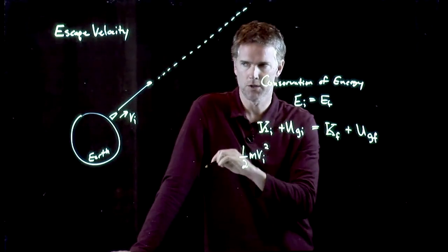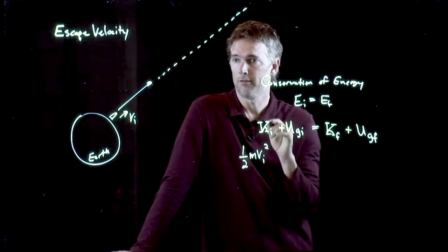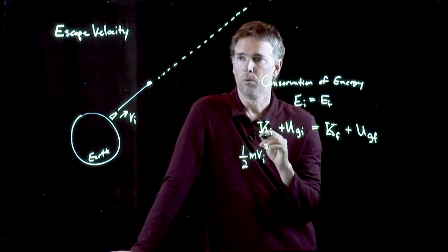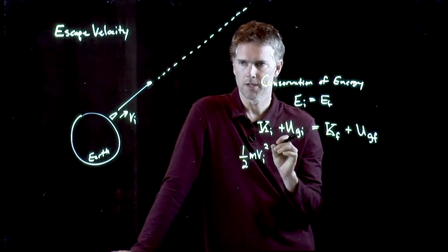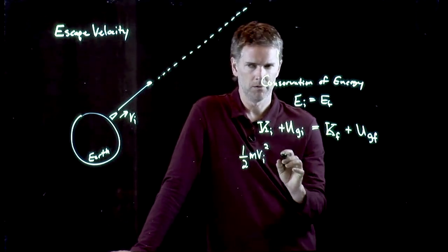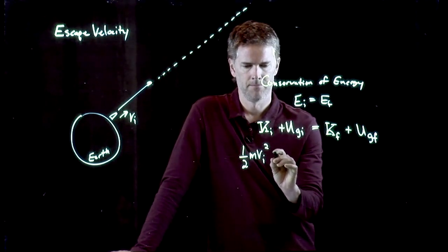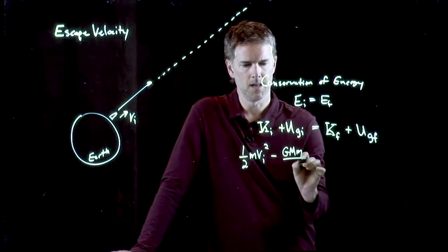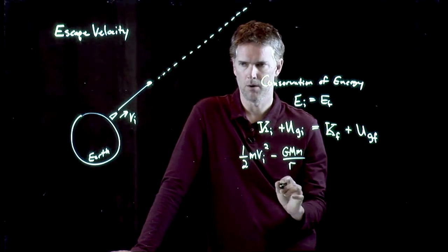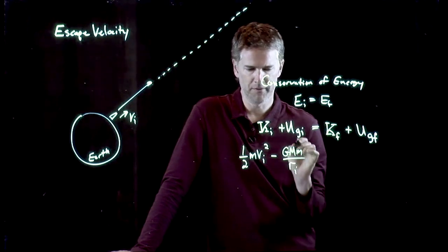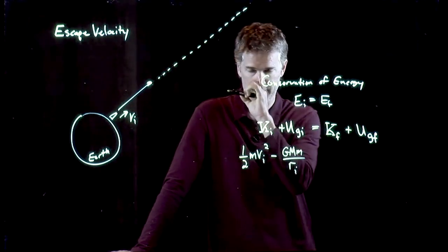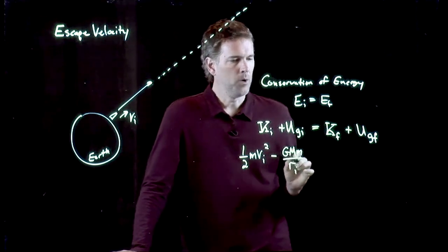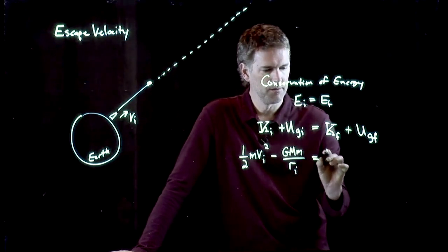We have to use the potential energy that we just solved for a minute ago with Newton's universal law of gravitation. Do you remember what that was? Maybe GMm over R. Good. Negative GMm over R, specifically R initial. Where do we start from? Now, what about over here?